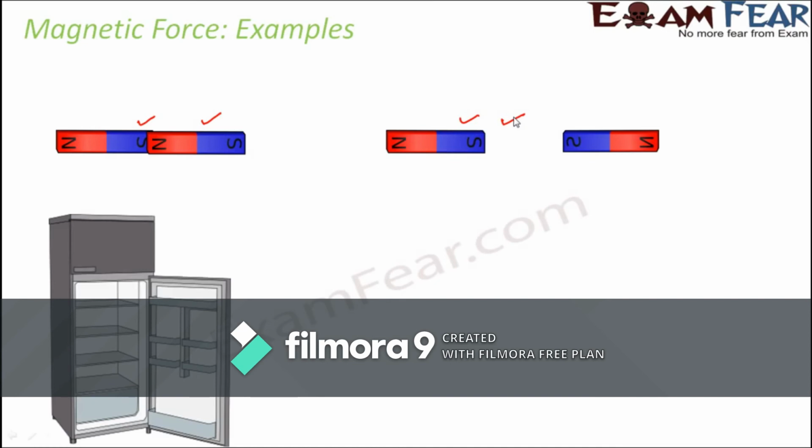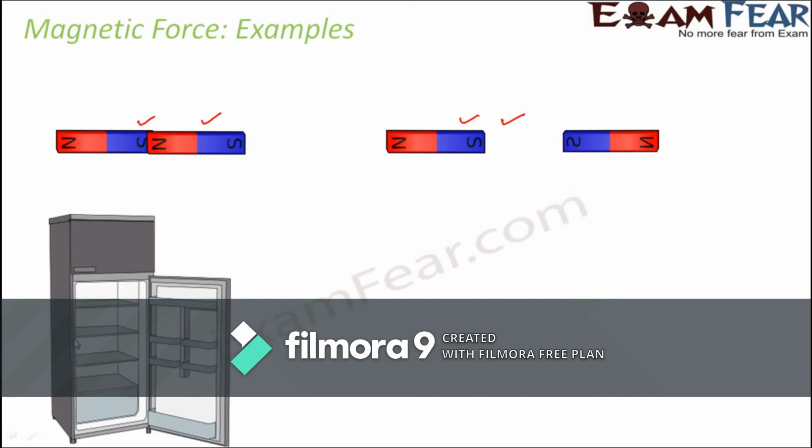Think of the door of your refrigerator. Have you ever observed that the door has a magnet attached to it? That is why, while you try to close the door of the refrigerator, as you bring the door quite near, it gets closed on its own due to an attraction, due to magnetic force. Similarly, when you want to open the door of your refrigerator, you really need to apply a good amount of force so that you are able to overcome that attractive magnetic force and open the door.